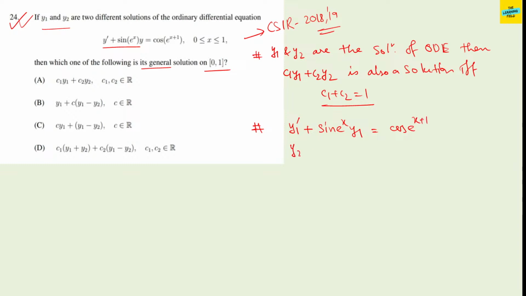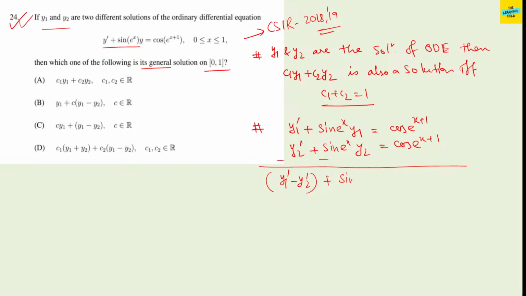Also y2 dash plus sin e to the power x into y2 is equal to cos e to the power x plus 1. If we subtract these two, then y1 dash minus y2 dash plus sin e to the power x into y1 minus y2 is equal to 0.